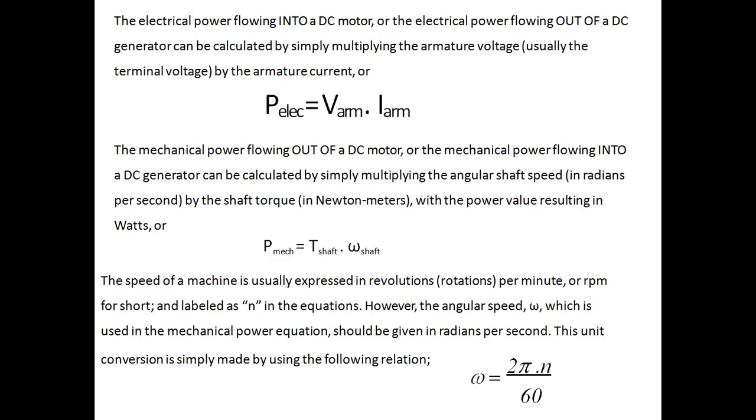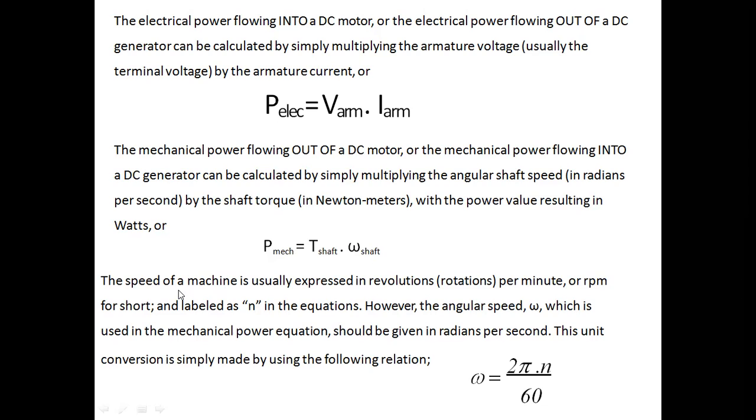This is the speed. So we can say the mechanical power flowing out of the DC motor, or the mechanical power flowing into the DC generator, is the multiplication of the angular speed of the shaft and the shaft torque. The unit for torque is Newton meter, so we can calculate power in watts: P equals torque into omega.